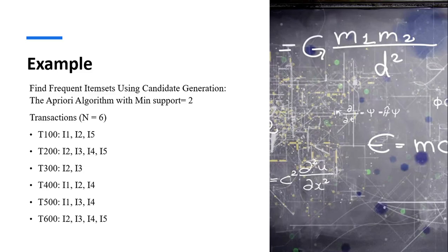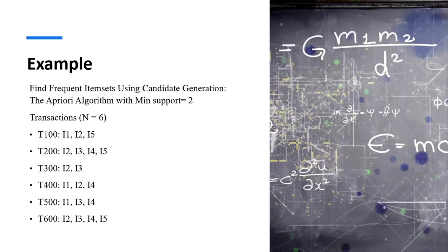In the second transaction, T200, the customer has purchased 4 items: I2, I3, I4, I5. Similarly, in the sixth transaction, T600, the customer has purchased I2, I3, I4 and I5. So that is how the customer frequency is there to purchase a particular item set.